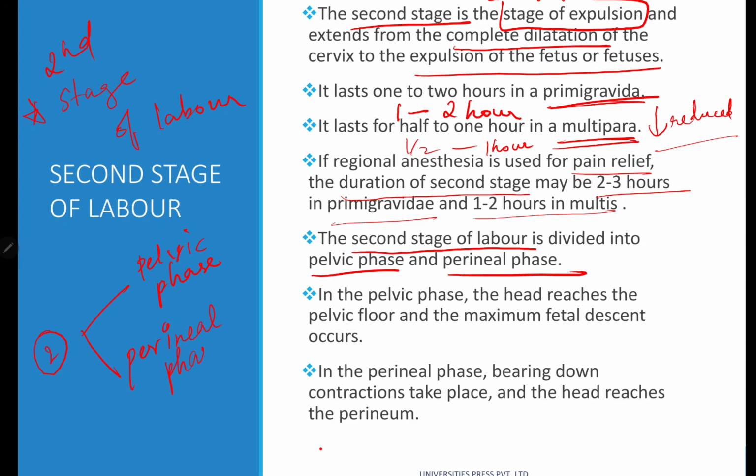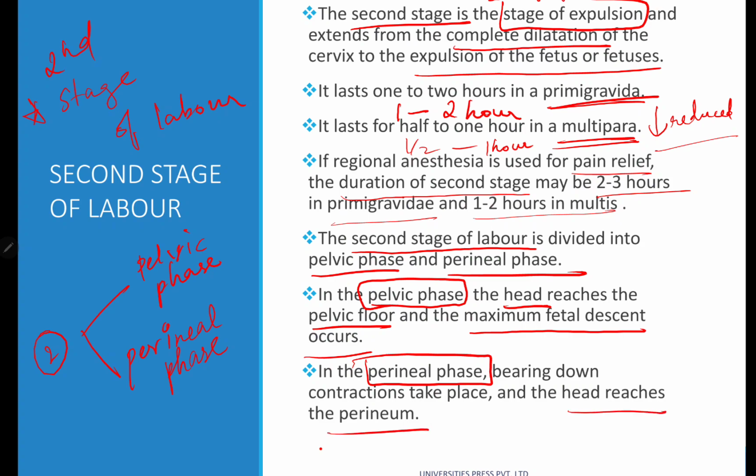In the pelvic phase, the head reaches the pelvic floor, and as it does, maximum fetal descent occurs. In the perineal phase, bearing down contractions take place and the head reaches the perineum.